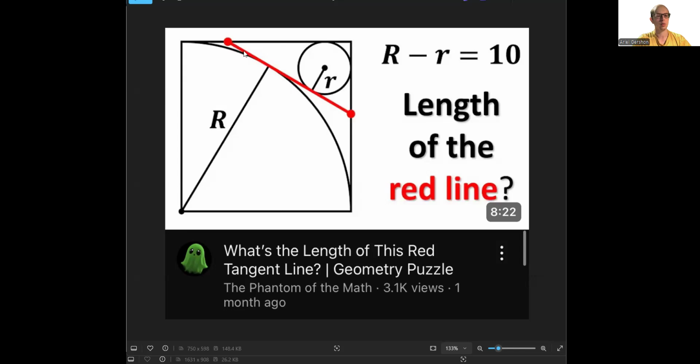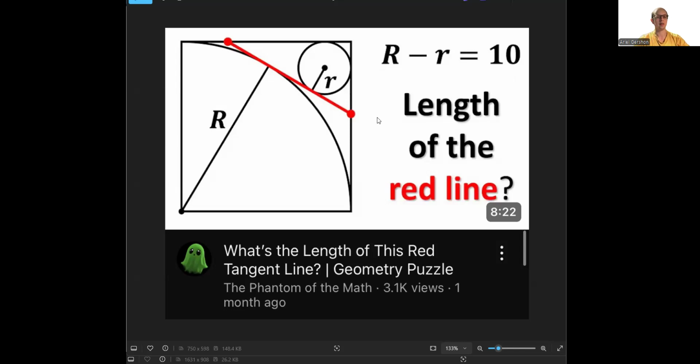And then there's this red line, which is tangent to both of the circles. That means it just touches the circles without going through them. And we're given that capital R minus lowercase r equals 10. And that's all the information there is. And based on just that, we have to find out the length of the red line.